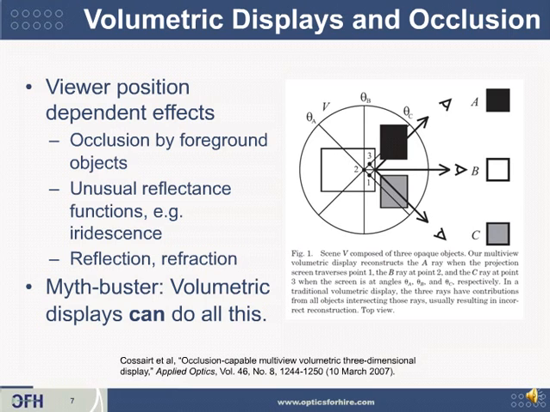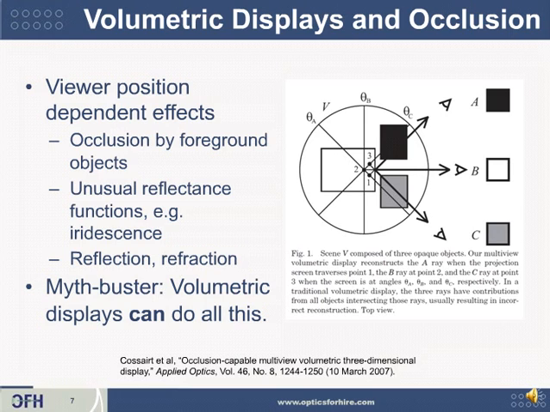That is, people used to think that you can never have a 3D display or volumetric display whose objects would block each other. And that's just false. It is possible to render viewer position dependent effects, of which occlusion is just one. You can also have unusual reflectance functions like iridescence or refraction.